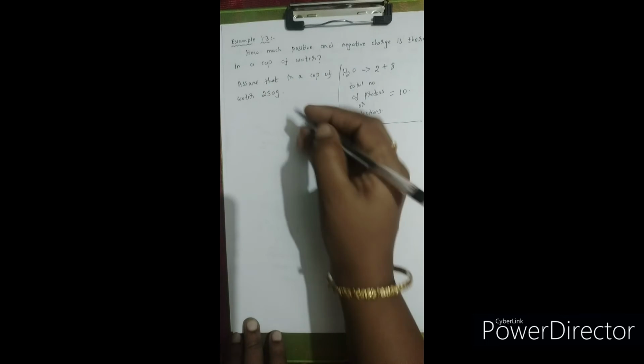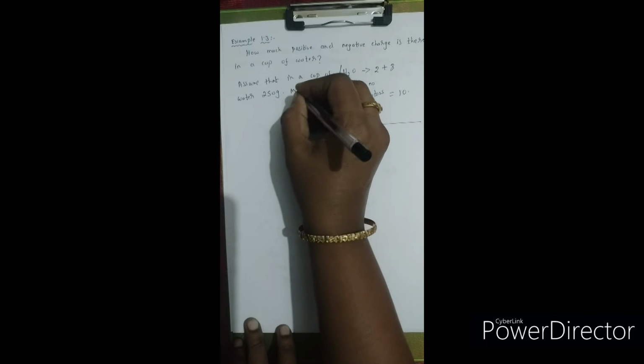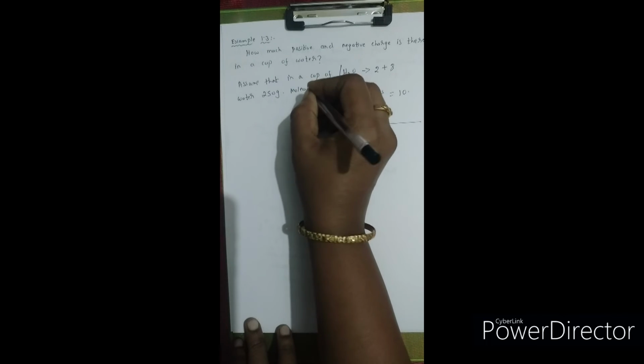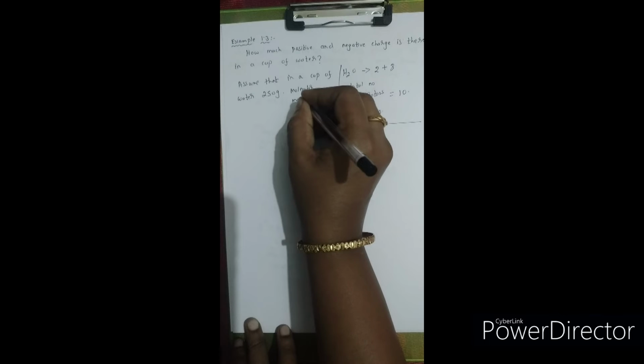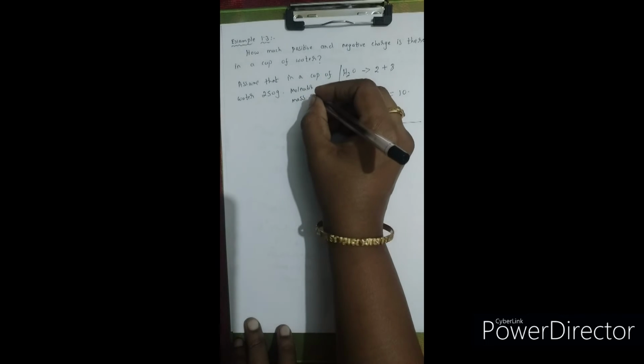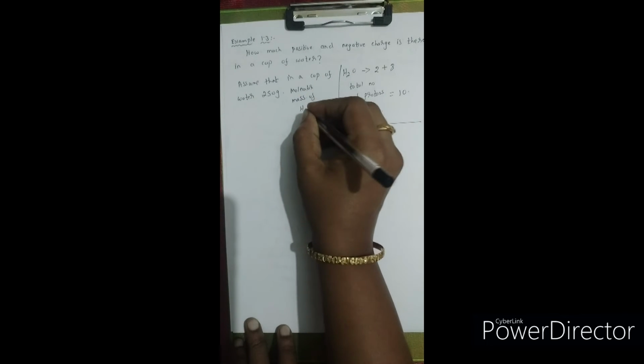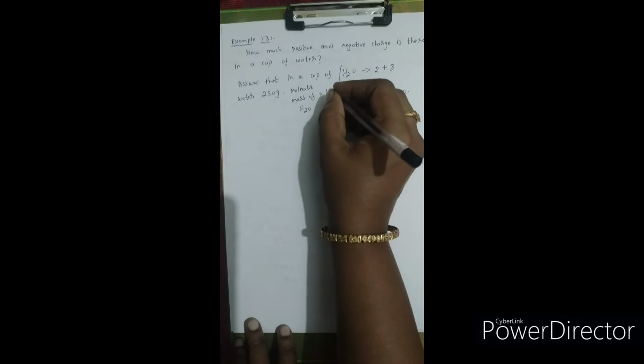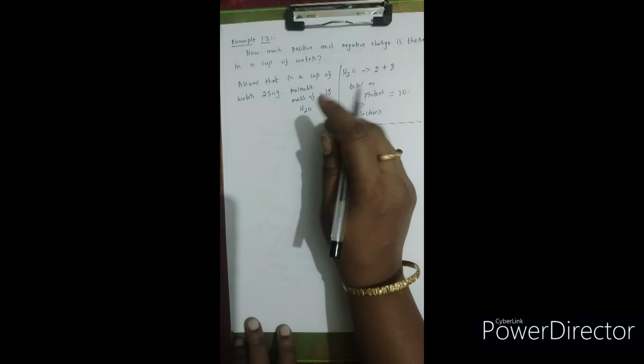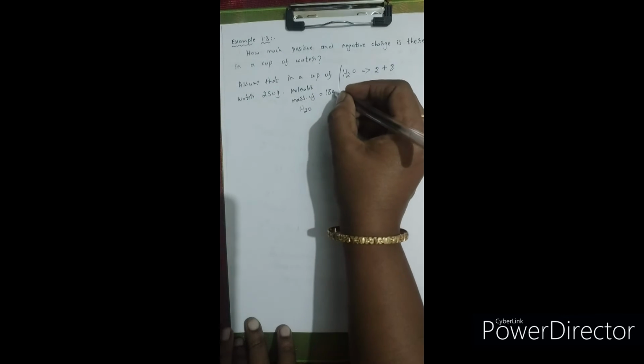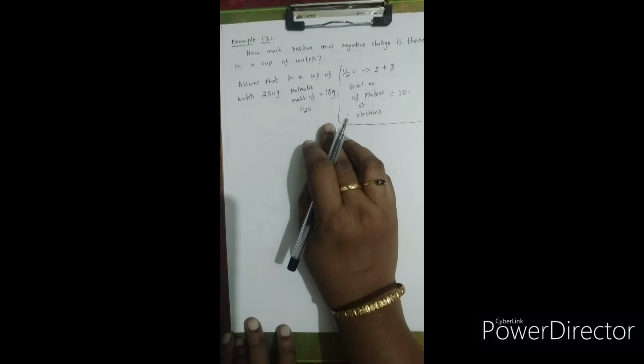We also know the molecular mass of H2O is 18. So the molecular mass of water is 18 gram. That also we know.